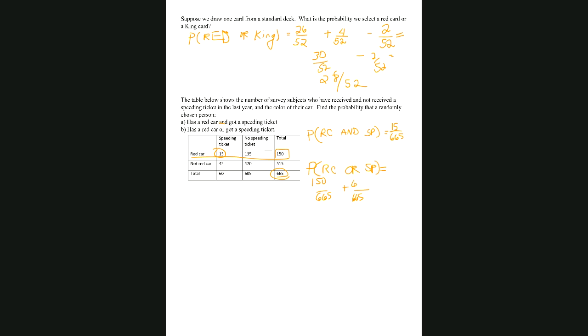And we have to subtract the probability of A and B, remember. So we already found that. How many people have a red car and got a speeding ticket? 15 out of 665. So when you add 150 plus 60 and subtract 15, you get 195 out of 665.